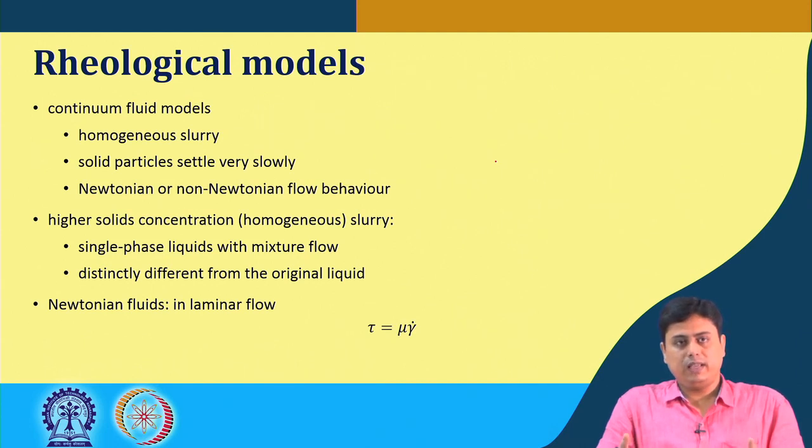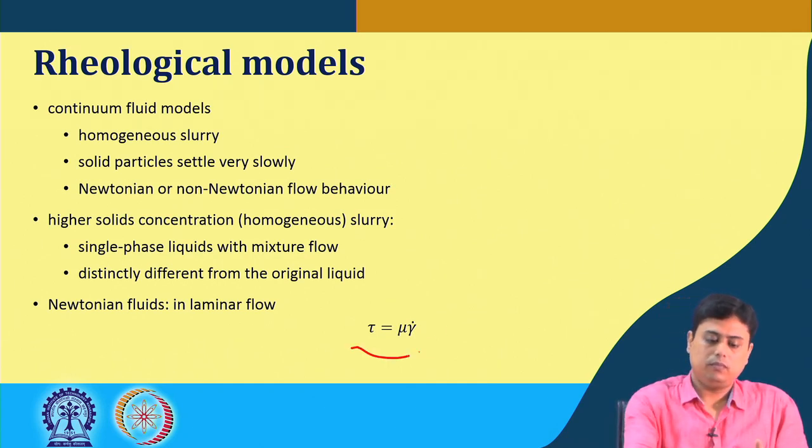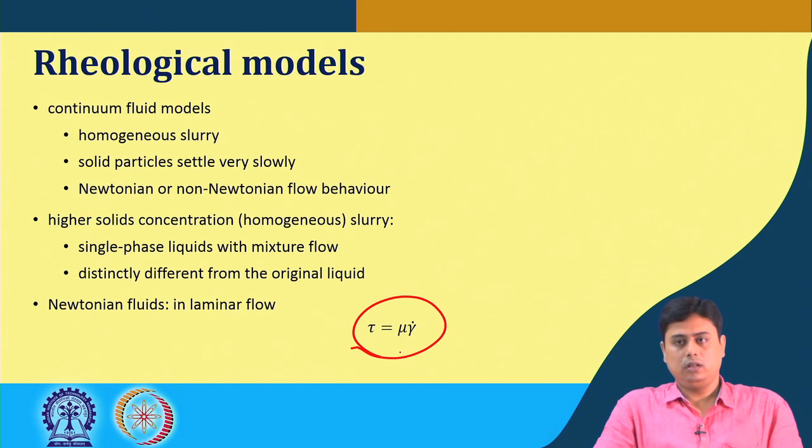Now, we have seen in Newtonian fluids, in laminar flow, the expression between the shear stress and the shear rate gives us the Newton's law of viscosity. Now, the similar concept also applies here if it behaves as Newtonian slurry.